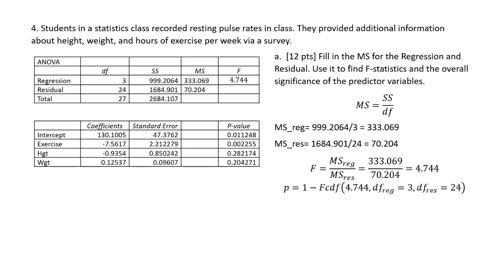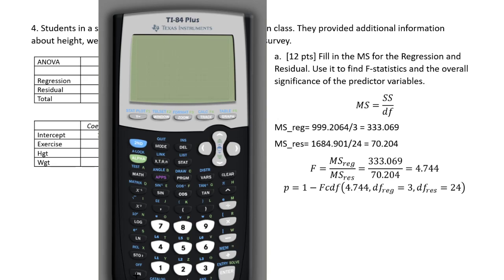So what you can do is you can just execute this on your calculator. So let's try this. You want to do 1 minus, and I need the FCDF, so second distribution, and you go to FCDF right there, and don't touch the lower, just punch in the upper as 4.744, and the degrees of freedom of the numerator is 3, degrees of freedom of the denominator is 24, and you paste this, and the value is 0.00977.